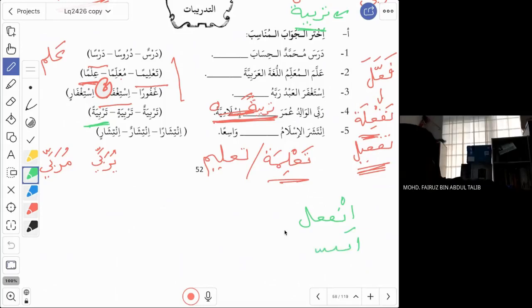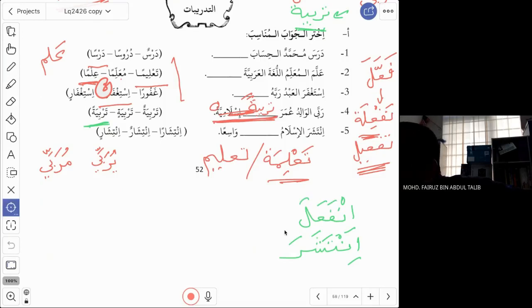If you say that intashara is infa'ala, let us check. What is the root word then? What is the root word for intashara, if we say this is infa'ala? Nun is the additional letter, right? Alif and nun are additional letters.